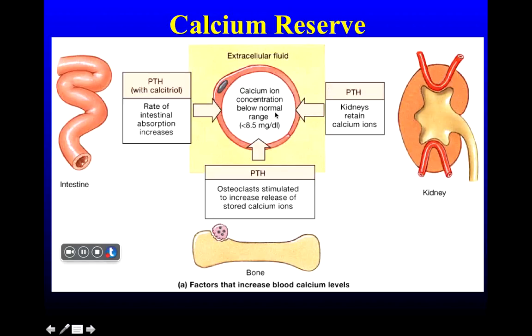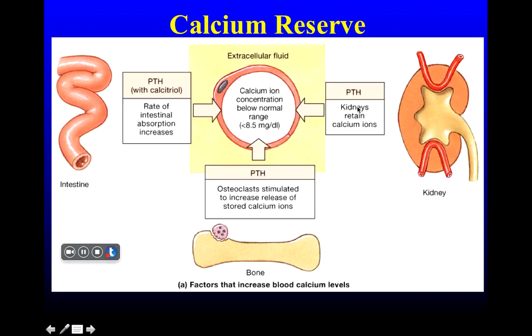So let's take a look at these guys. So here's the problem. Calcium ion concentration is below normal. So what happens? Well, parathyroid hormone is released, and it does three things. Look here. Well, with the bone, it stimulates osteoclast activity to break down more bone and get more calcium into the blood.